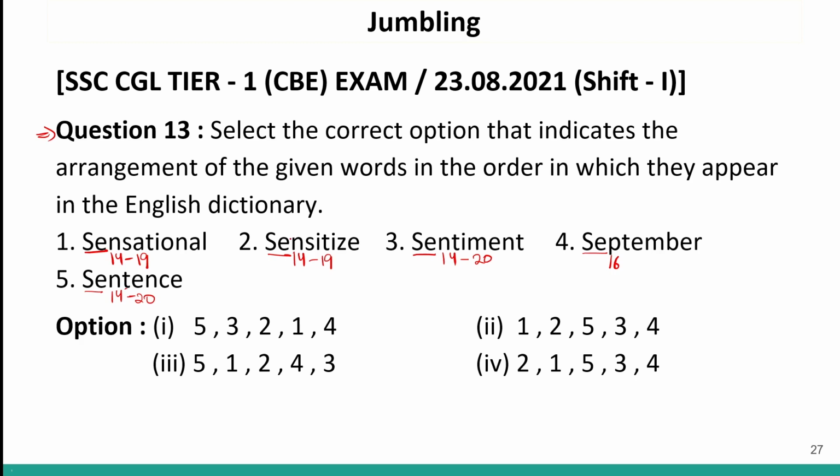Now, after S we have A, which is 1. Similarly, after S we have I, which is 9. After T we have I, which is 9, and after T we have E, which is 5. So the correct order for us will be, the first word will be sensational.